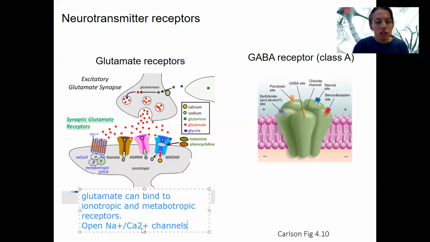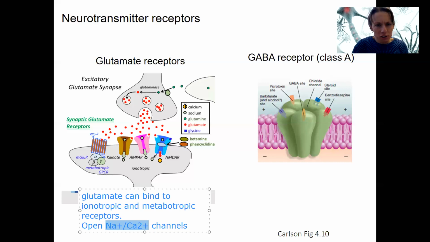And these two are both going to have the same effects on the cell when they enter the cell. The point of this is to show you that there are different receptor types. Glutamate could have a slightly different effect on one cell than it does on another. It's still going to be excitatory.